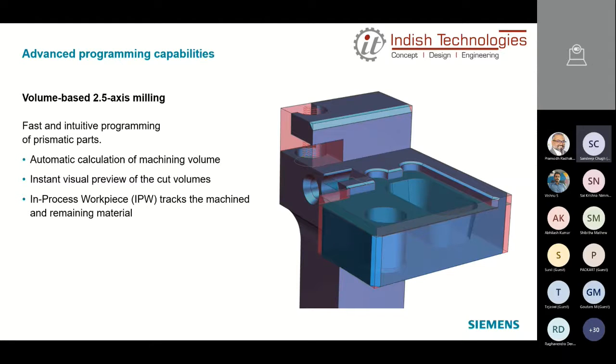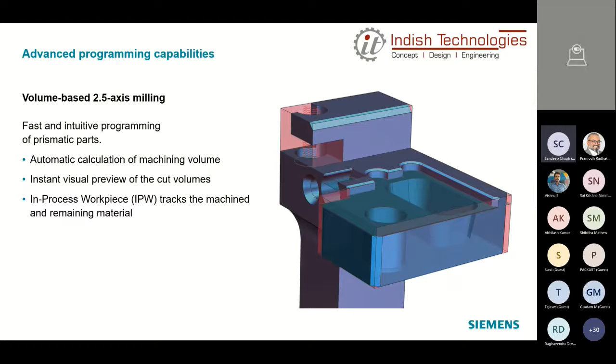Okay. So if you compare it with other softwares, right from 2.5 axis milling, NX gives you the freedom to use or create toolpaths based on volume for 2.5 axis also. For curve-based machining also, point-based machining also, you can generate IPW from a solid blank.